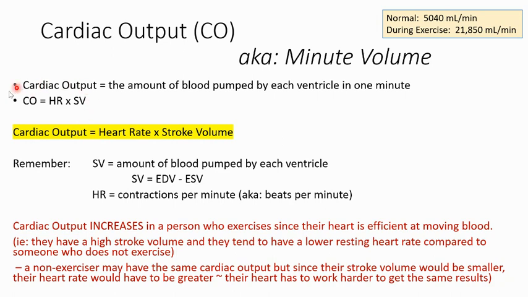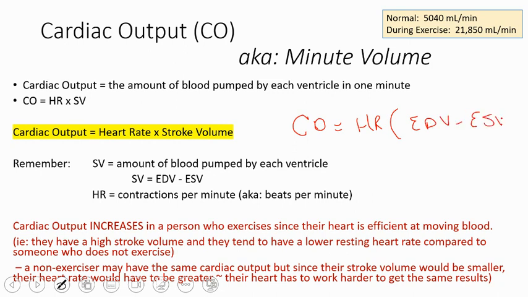The formula for cardiac output is heart rate times stroke volume, but keep in mind what stroke volume is. Stroke volume is end diastolic volume minus end systolic volume. So you could have a formula such as, and bear with me because I'm drawing on the screen with my finger, so it's going to look kind of weird: cardiac output equals heart rate times stroke volume, which is end diastolic volume minus end systolic volume.